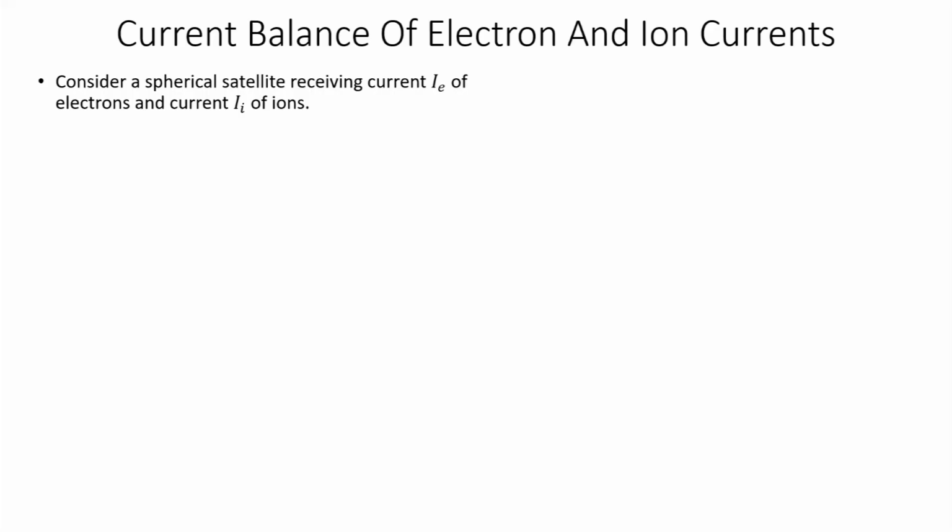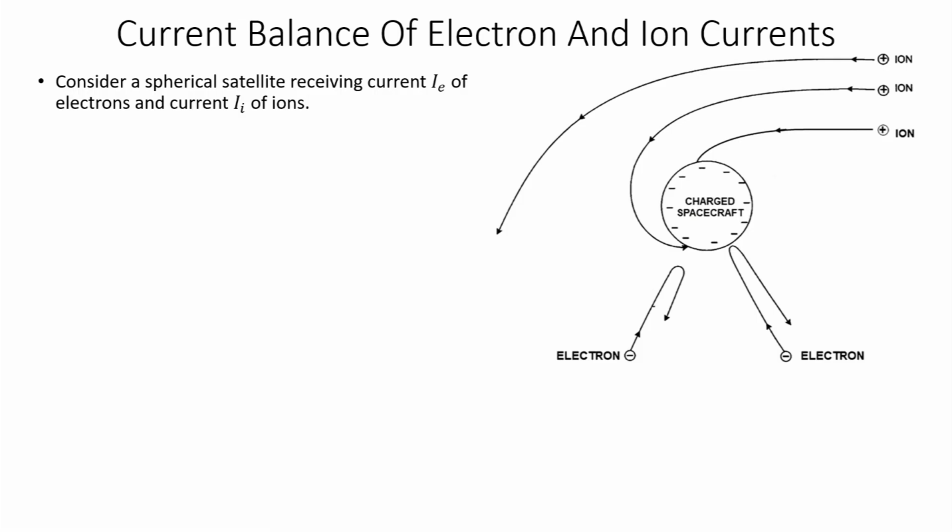So, what do I mean by the current balance? Current balance means all the ingoing current fluxes balance the outgoing current fluxes. We have many components, but first we will take a simple example. We will consider just the receiving current, that is, the current or flux because of the electrons and ions. We already discussed this; we are considering a spherical spacecraft.